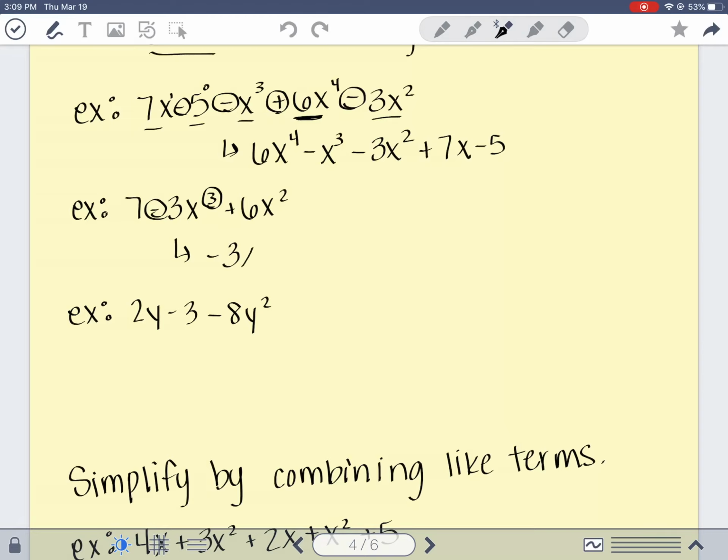Our negative 3x cubed plus 6x squared plus 7. And then in our last one, the biggest or largest degree is 2. So we have negative 8y squared. Make sure you don't drop those negatives. Plus 2y minus 3.